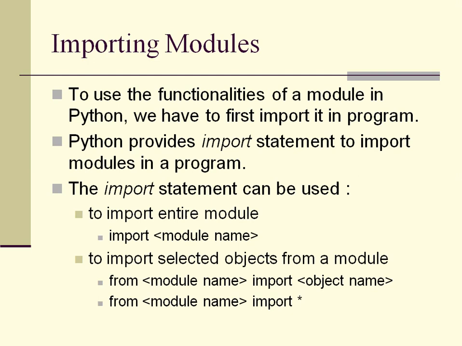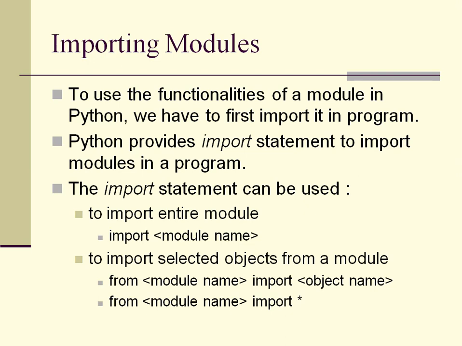For example, from math import pi. Or another example, from math import sin, cos, pi. So we have just used three objects: one is the sine function, one is the cos function, and another is the constant called pi.